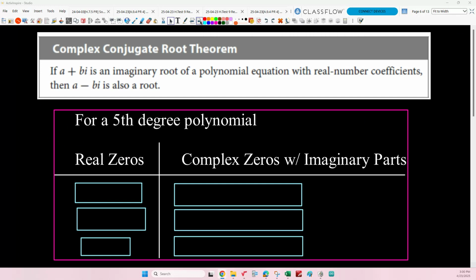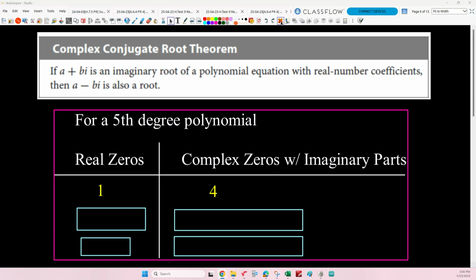So if we look at this one, it's just going to break down the complex conjugate root theorem. So if they always come in pairs, these ones will always be even. So if we have a 5th degree polynomial with 1 real zero, how many complex zeros do you think we have? We want them to add up to 5. 4.